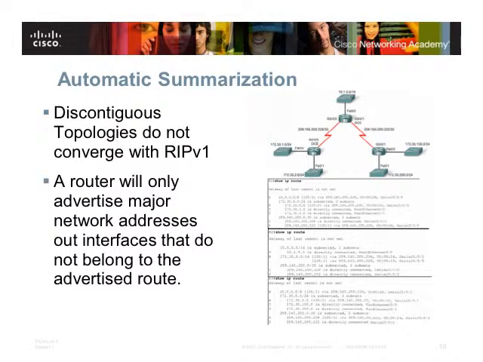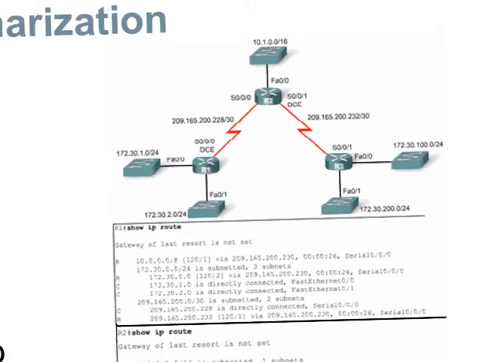And we said that one of the disadvantages of automatic summarization is what we call the lack of support for discontiguous networks. By that we mean, if we take a look at this scenario here, we notice one very important thing: you have a network address 172.30.1.0 or 172.30.2.0.